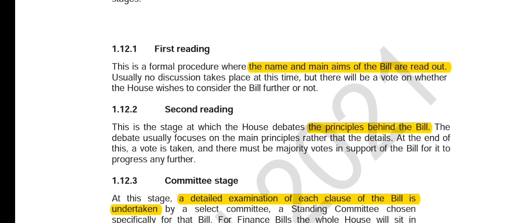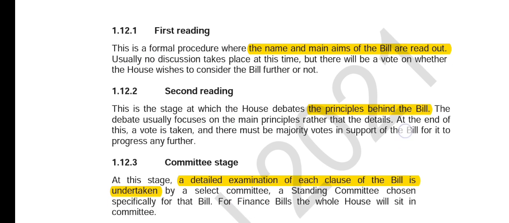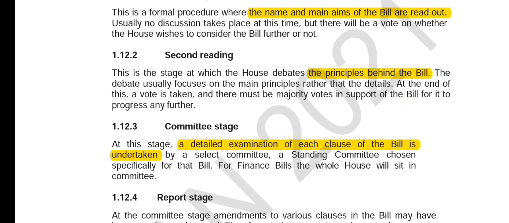The second stage is going to outline the main principle behind the bill. That is when the house will debate the principle behind the bill. The committee stage, which is the next stage, is going to look at the clauses of the bill. They will look at the clauses in detail.